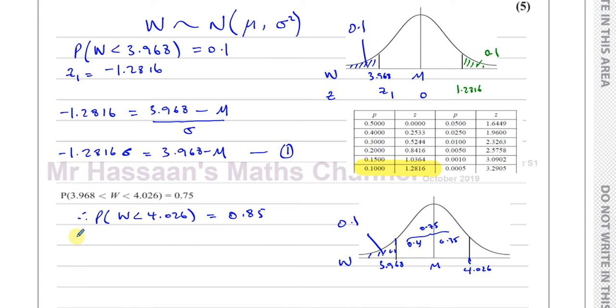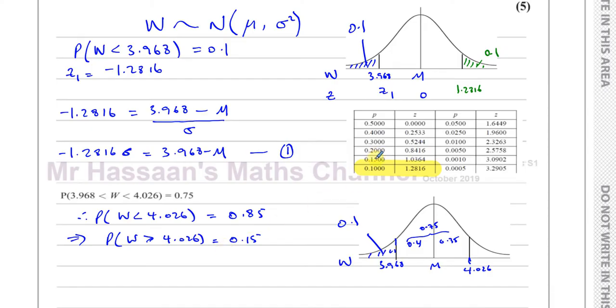Which means that the probability that W is greater than 4.026 is equal to 0.15.